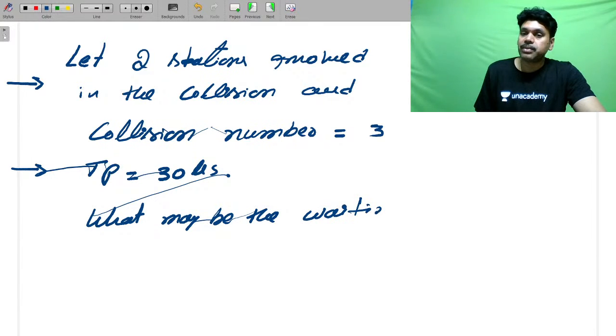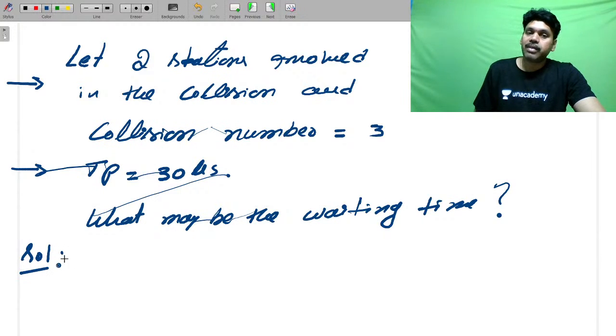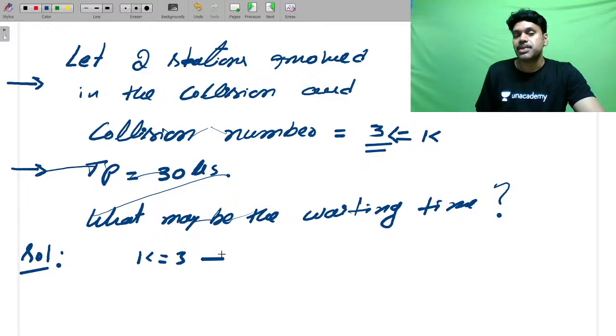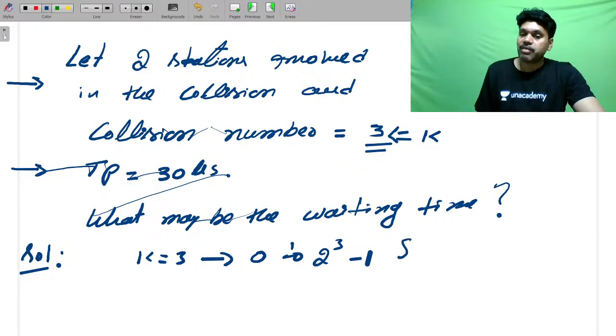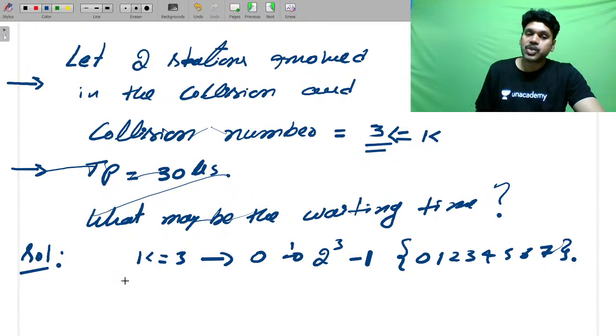Now I am showing you different kinds of waiting times. I will say they are all correct. First, you got collision number is equal to 3, which is nothing but k is equal to 3. So k is equal to 3 means 0 to 2 power 3 minus 1, which is nothing but 0, 1, 2, 3, 4, 5, 6, 7, right? So this is the meaning of backoff waiting time.